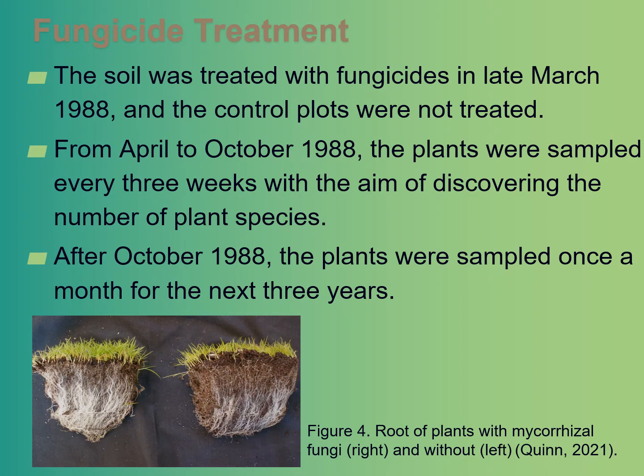In 1990, the authors collected plant samples at intervals of 3 weeks over a year, then at monthly intervals. To determine the influence of mycorrhizal fungi on the number of plant species, the authors determined the number of plant species growing on the treated soil and compared it with the number of plant species grown on untreated soil.